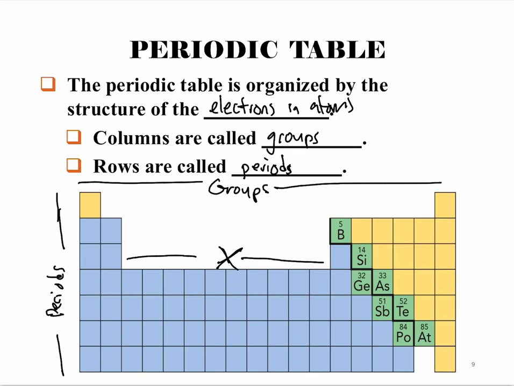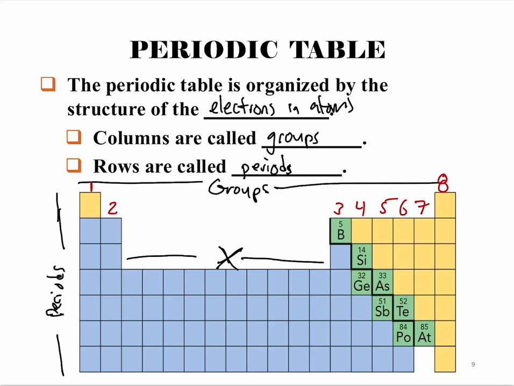So the way we number the groups is group 1, 2, 3, 4, 5, 6, 7, and 8. And this has to do with the structure of the outermost electrons of these atoms. We'll talk more about what those electrons are and how they're organized in those groups and why we don't consider the middle ones.